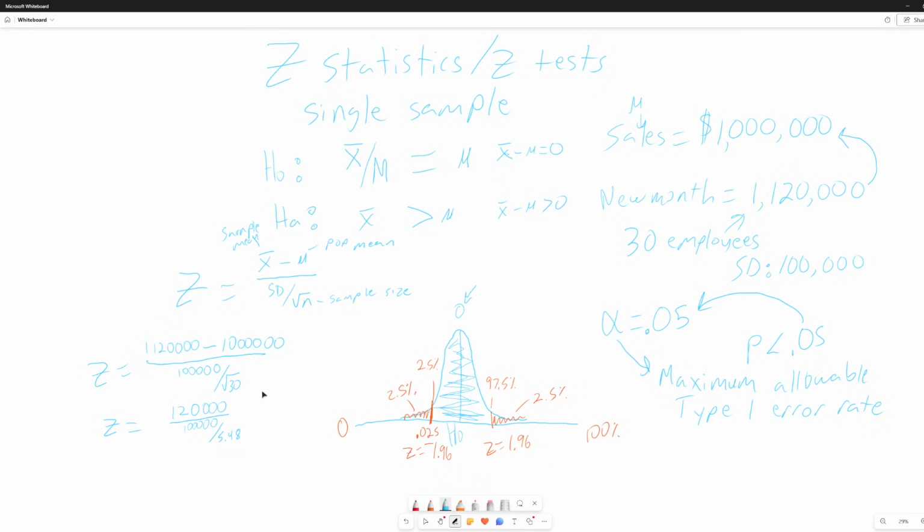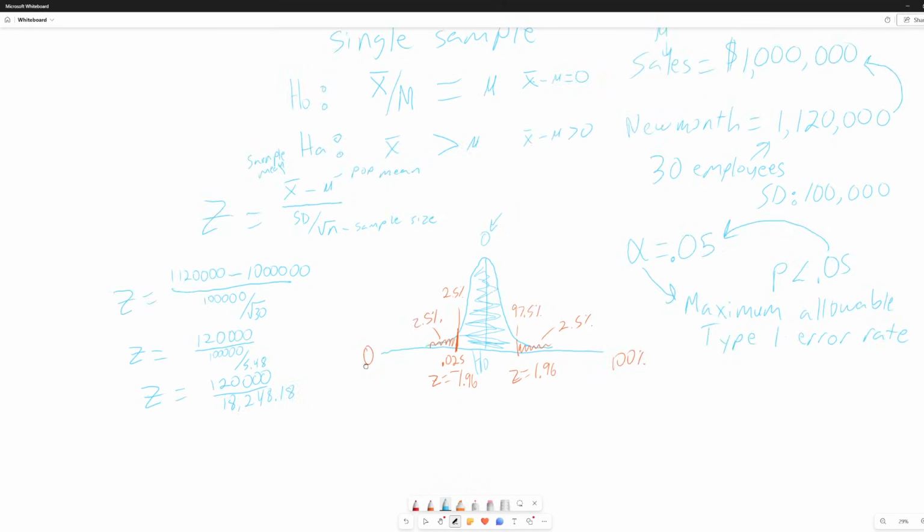So 100,000 divided by 5.48 is 18,248.18.